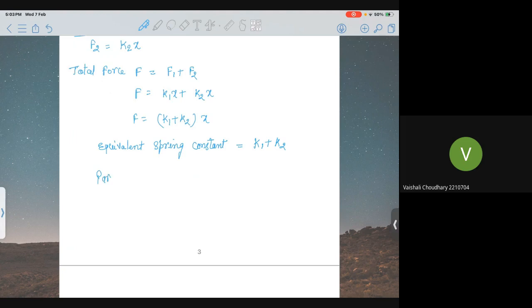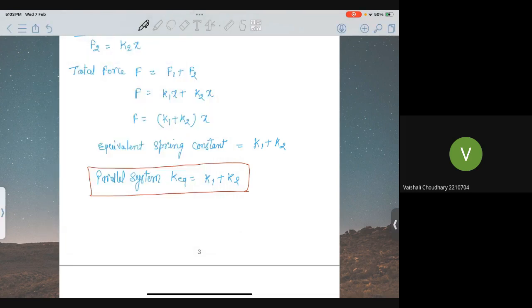So in a parallel system, K equivalent is K1 plus K2.